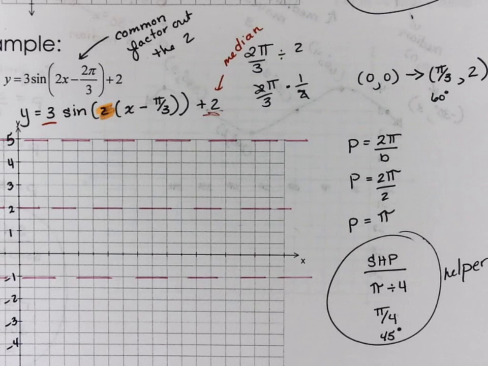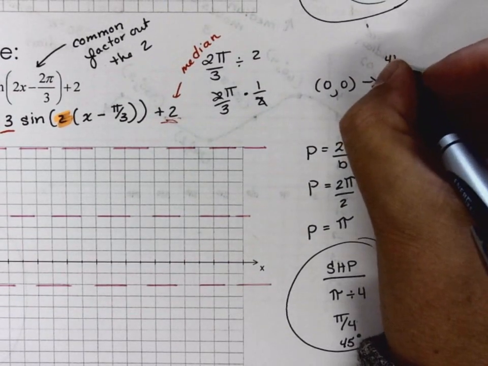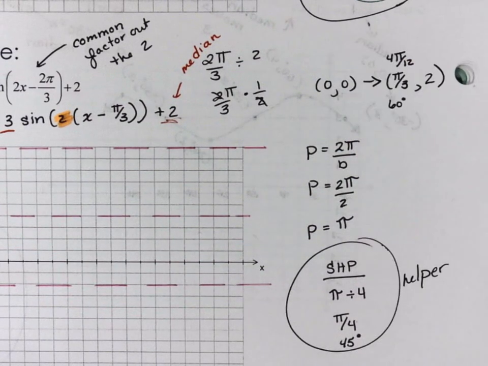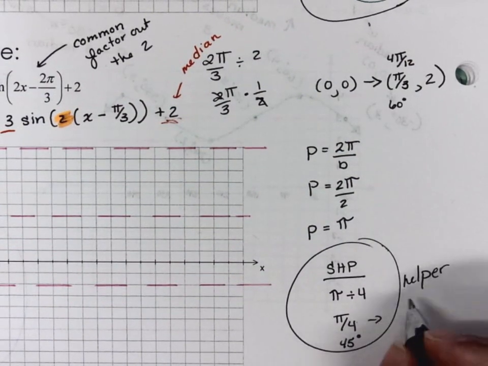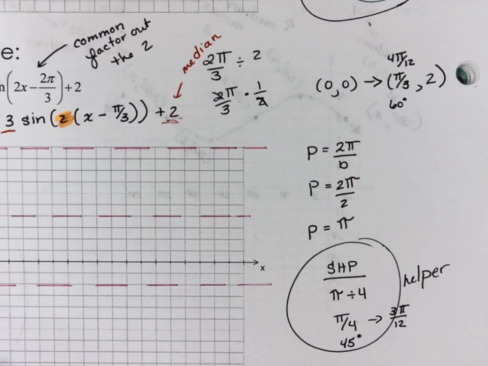You could do denominators of 12. So my start point would be at 4 pi over 12, and my something happening point would be every 3 pi over 12. You could do it as common denominators if that makes it easier for you, and I think it will for increments.